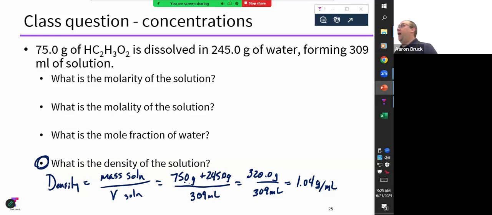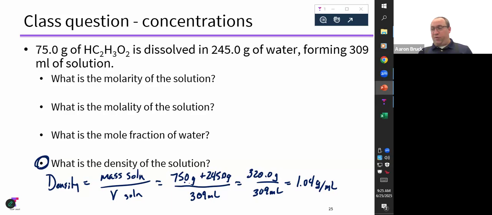Kind of taking us back to a chapter 1 kind of concept here, but we want to make sure that we don't lose sight of the fundamentals. And one of the reasons we don't want to lose sight of that fundamental in particular is that if we are asked to convert between units, density is one of those things that is an absolutely necessary component.